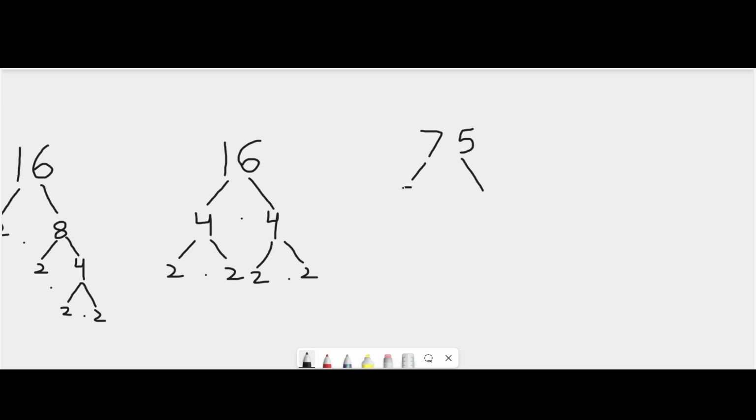We got 5 and 15. 5 times 15 is equal to 75. 5, we haven't done this, so let's test it. We can think of 1 and 5. We kept the 5, so this can't be broken down anymore. So it's going to stay a 5.